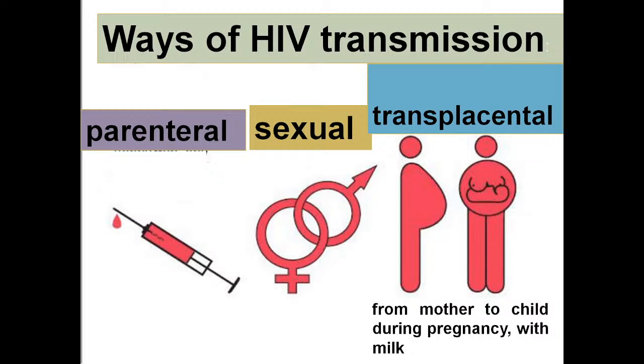The parenteral route is associated with transfusions of infected blood or its components, injections with contaminated instruments, especially when using drugs, organ transplantation, or tissue donors. This is the parenteral route.